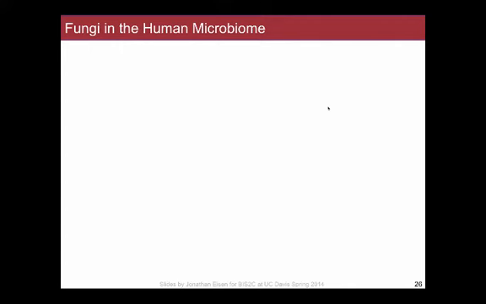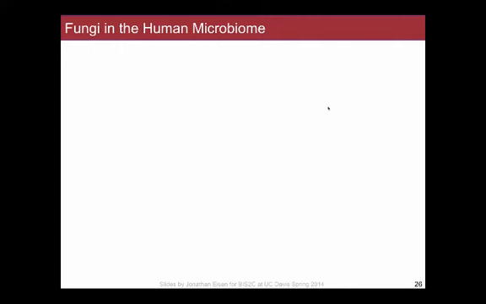We talked a little bit about studies of the human microbiome before, and most of what I showed you, most of the work that has been done in the last 20, 30, 40 years on the cloud of microbes that live in and on people, has focused on bacteria. That's in part just historical. That's what people tended to look at.